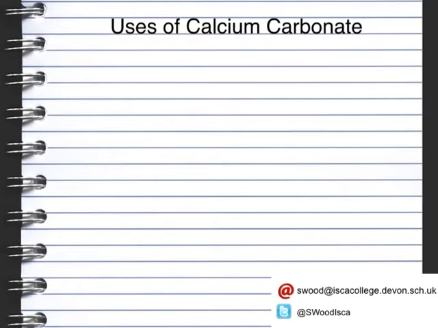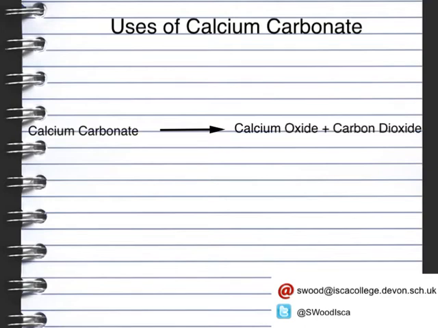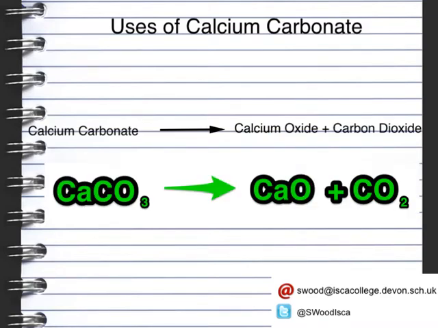Quite often we can heat the calcium carbonate, and it will undergo a reaction called a thermal decomposition, where we break it down into two smaller things. So calcium carbonate, when heated, will break down to make calcium oxide and carbon dioxide, and that's the symbol equation for that reaction.